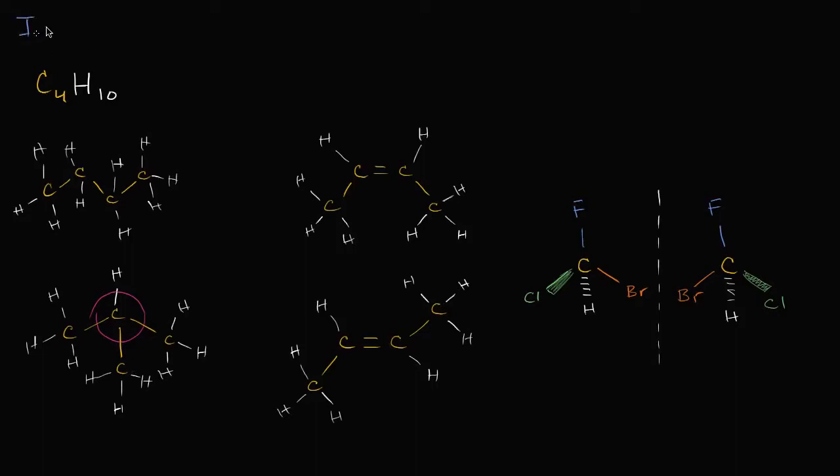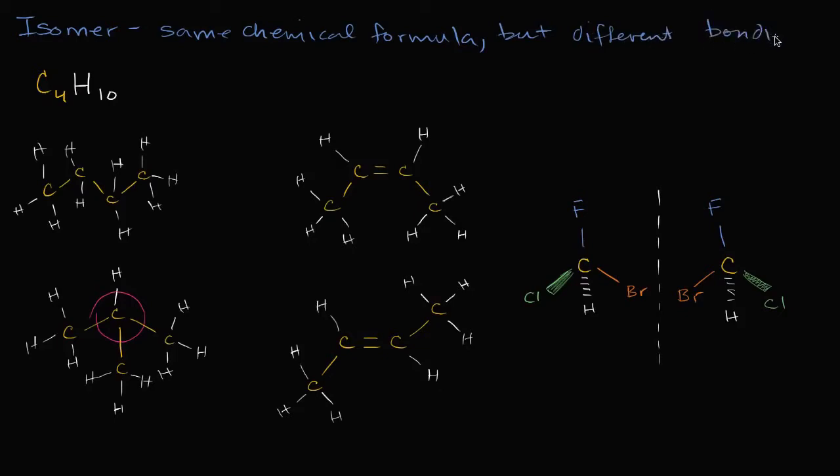So an isomer, you have the same chemical formula, but you could have different bonding, or shape, or orientation.